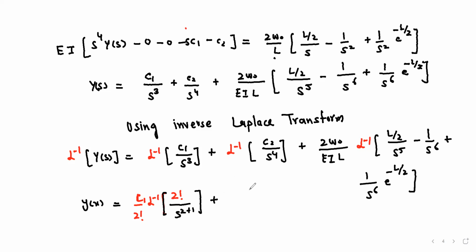Similarly, here we have c2. Don't get confused, these are basically constants, divided by 3 factorial, because we have 3 plus 1, so we write 3 factorial, and then I will write 3 factorial over s raised to power 3 plus 1, and close the bracket, plus.